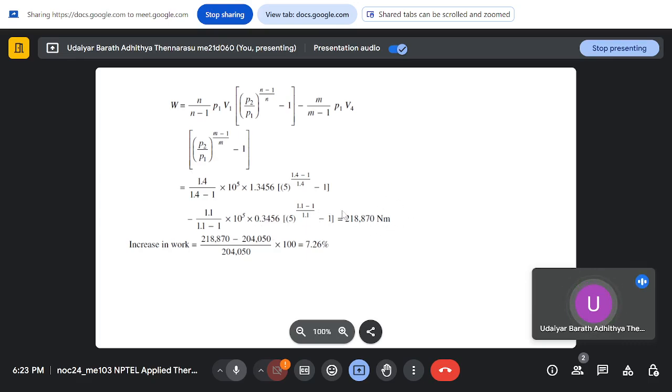You see there is an increase in work, because previously it was compressing just 1 meter cube of air. Because of the expansion, that gas is entrapped in the piston cylinder arrangement, and that has increased the total volume. So the increase in work is 7.26%.